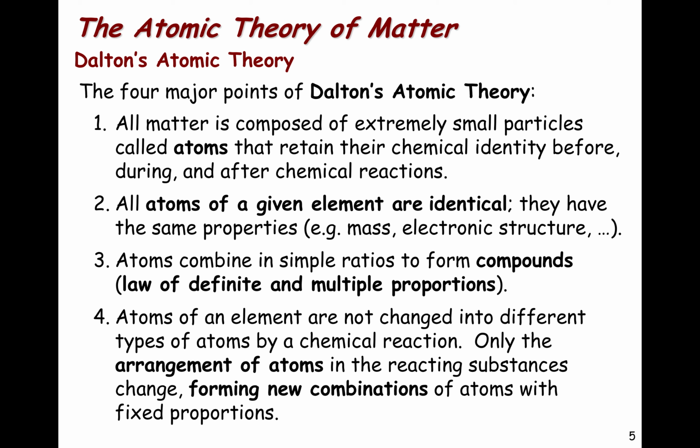And then finally, atoms of a particular element are not changed into different elements by doing chemical reactions, but we can rearrange how these atoms are attached to one another. So, for example, carbon has two general forms. There is graphite and there is diamond. They all are carbon atoms, but the attachments are different between the two different forms.